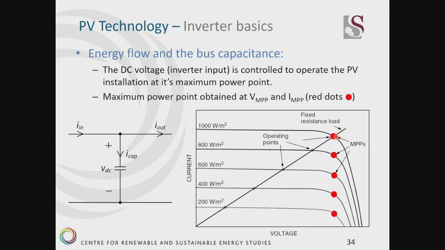So this is also why we want to have an inverter with a maximum power point tracker, and this is done by controlling the DC bus voltage. This is the voltage that the modules see. By controlling this DC bus voltage, the current will then be controlled and we can operate at the maximum power point.